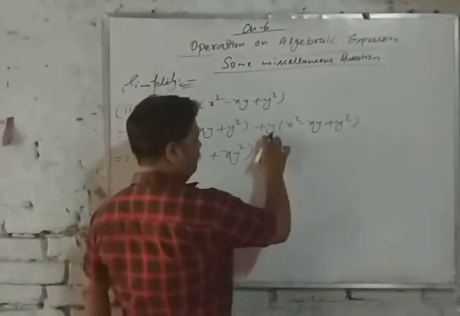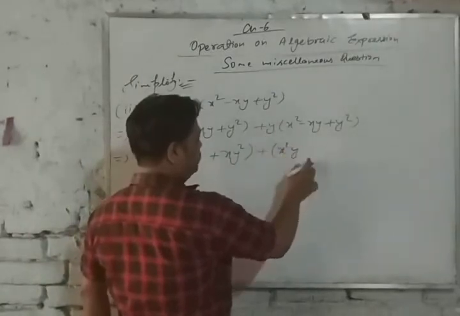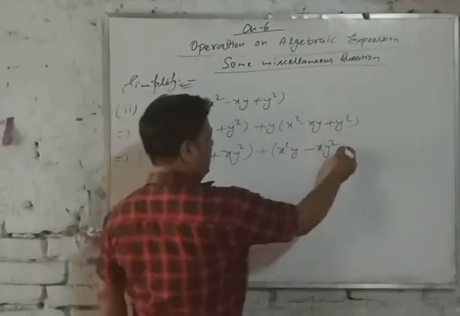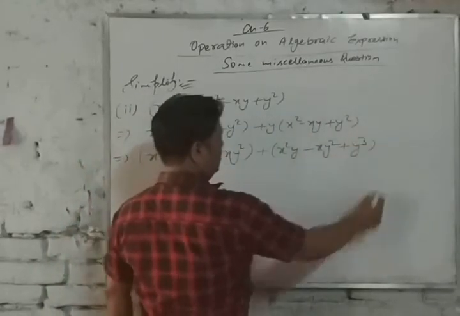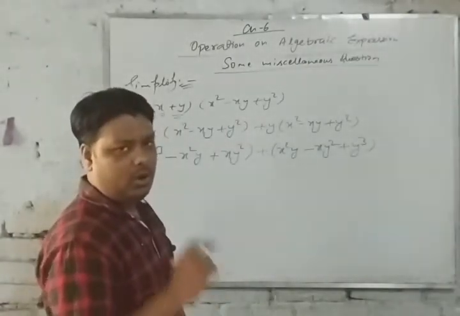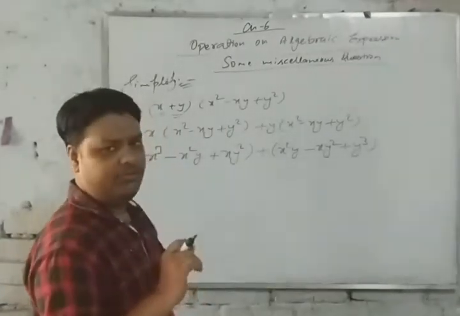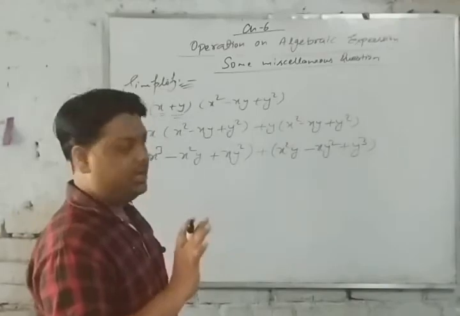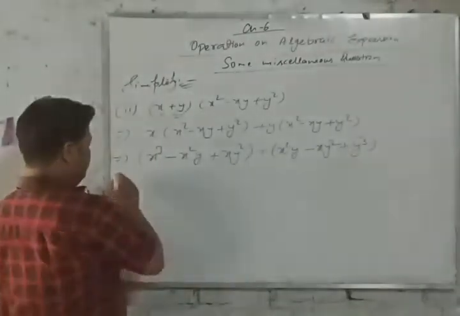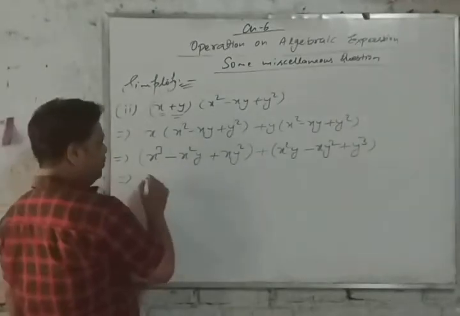After that plus, we multiply by y: x square y minus x y square plus y cube. Always use the bracket. If you use the bracket, then you will not be confused and your answer will not be wrong. Now in the next step we will remove the bracket.